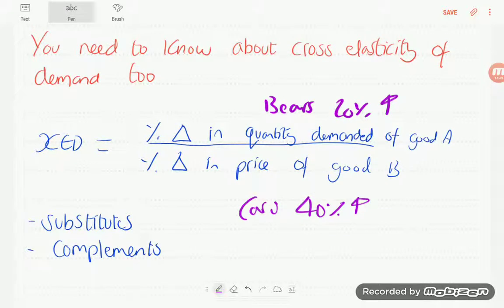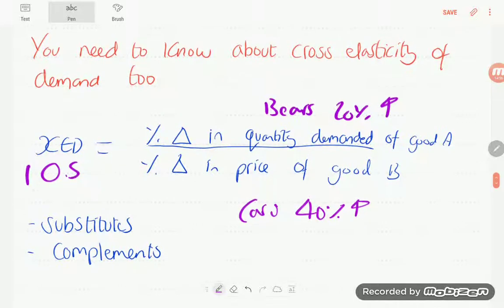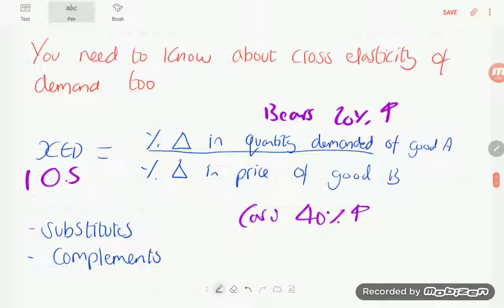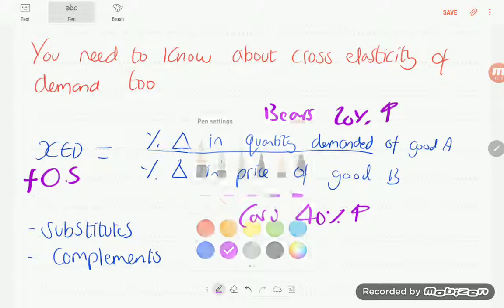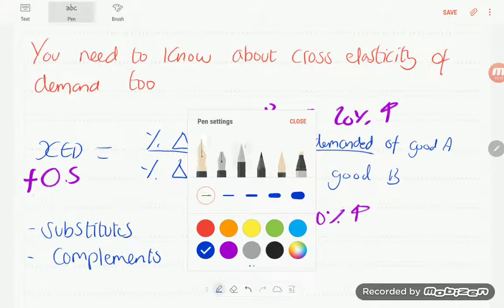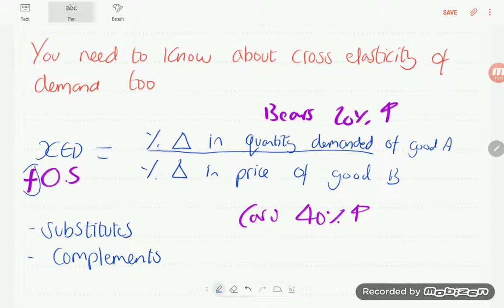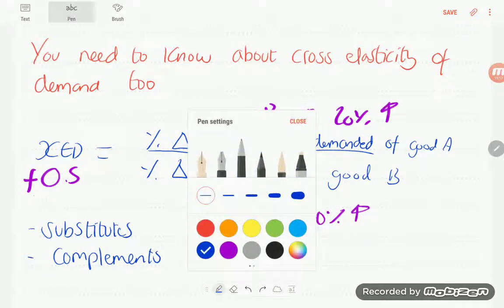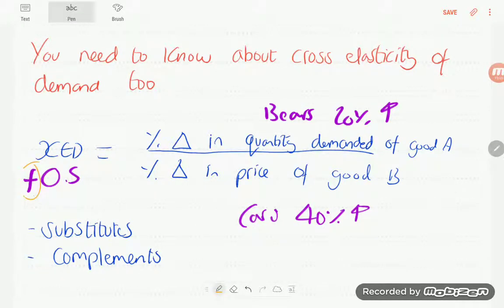You would see that 20% divided by 40% would be 0.5, and it's a positive because these are both going in the same direction. Plus 0.5. So what we would do, as we've done with the income, is we would separate the plus from the 0.5.